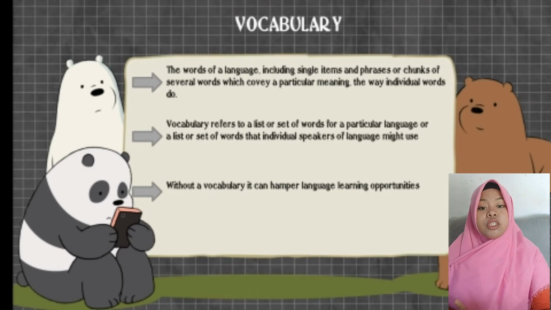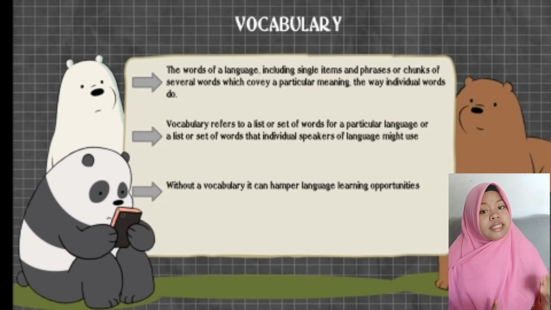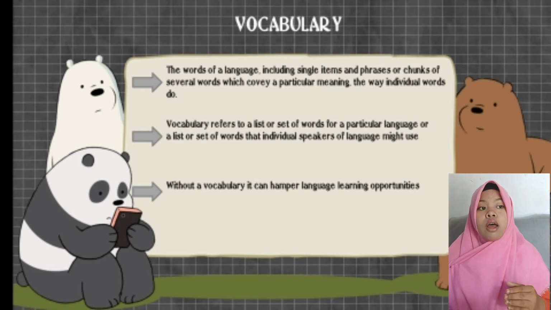Vocabulary refers to a list or set of words for a particular language, or a list or set of words that individual speakers of a language might use. Vocabulary is one of the important aspects of language because without vocabulary, it can hamper language learning opportunities.